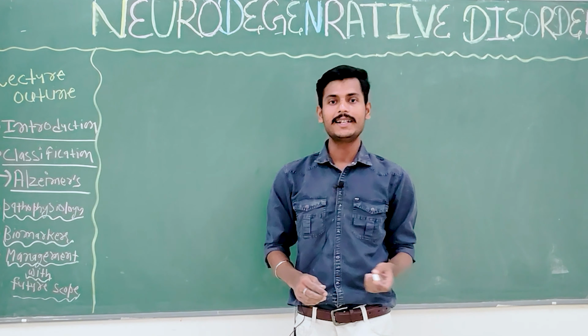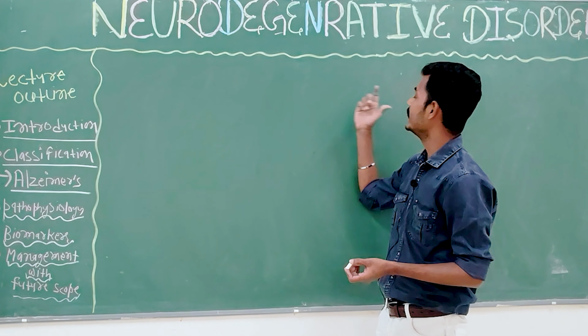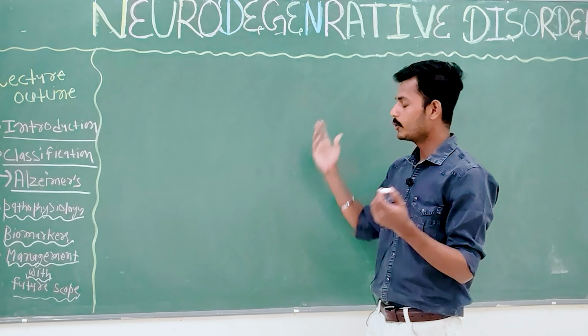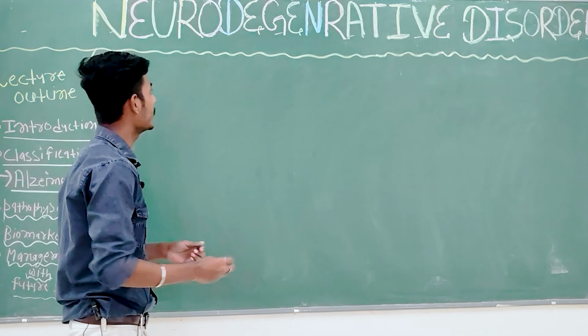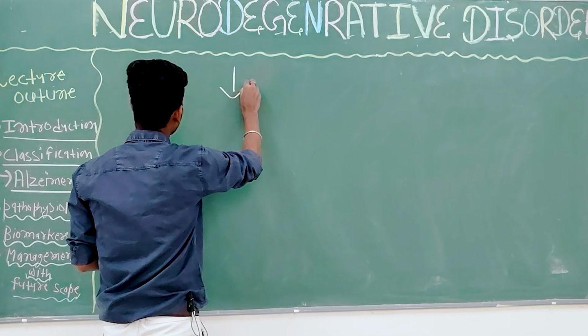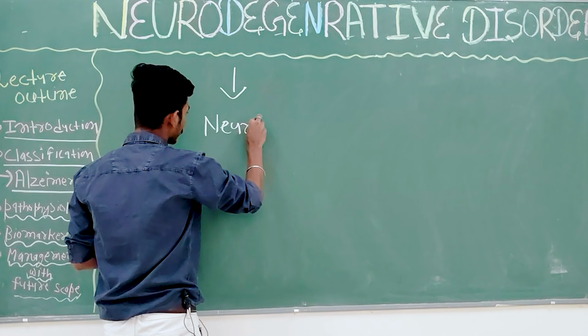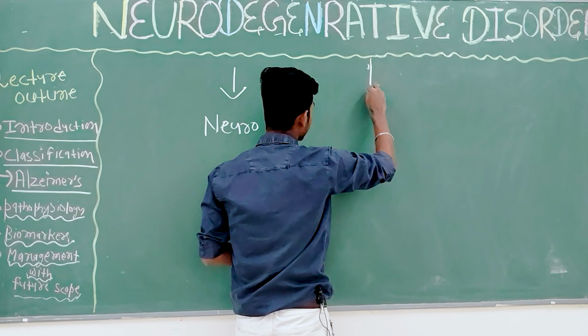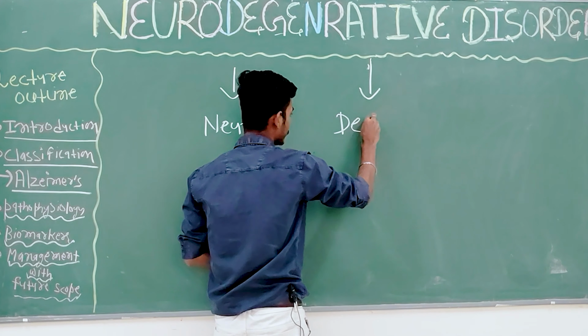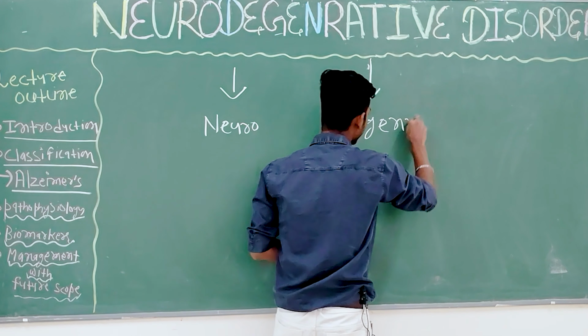You might have an idea about neurodegenerative disorders. If you split the word neurodegenerative, you will end up with two words. The first one is neuro, and the other word is degeneration.